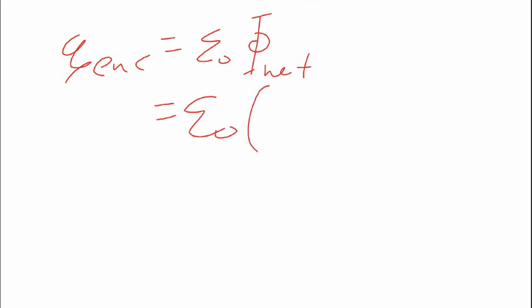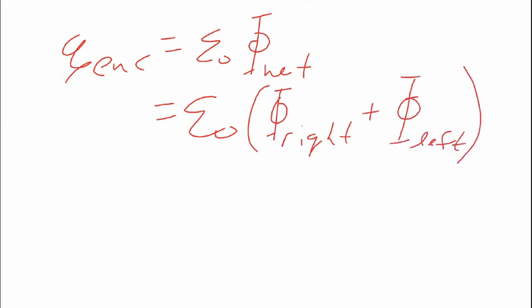So again, that's just the flux through the right plus the flux through the left. And again, your right flux should be negative, your left flux should be positive, and the left flux will be a little bit less than the right. So you should end up with a negative charge enclosed total.